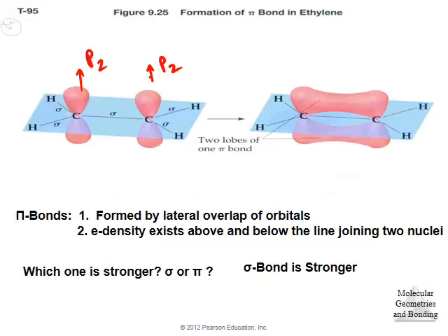So these two carbon atoms are much closer, and these two sides are going to overlap. But this overlap is not going to give a much stronger bond because it's a sideways overlap. It's not head-on to have a good grip. Now this gives rise to what is called a pi bond. So this is a pi bond.